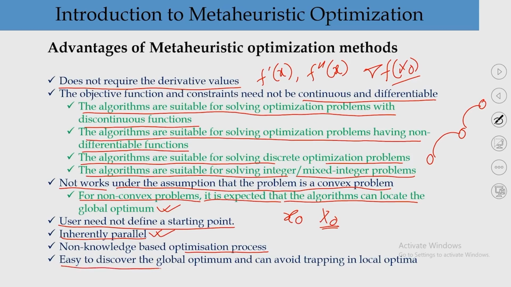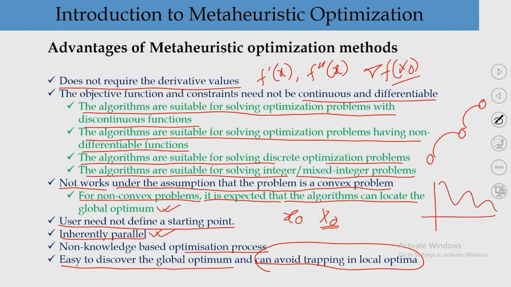It is easy to discover the global optimum. As I said, it is expected that the algorithm will give you the global optimal solution, and it can avoid trapping in local optima. Suppose your function is something like that, and I would like to find the global minima.